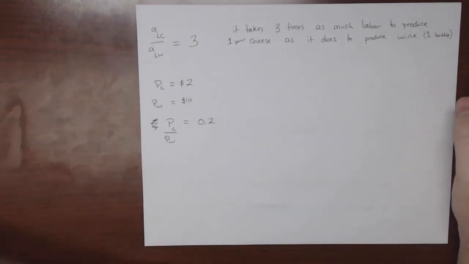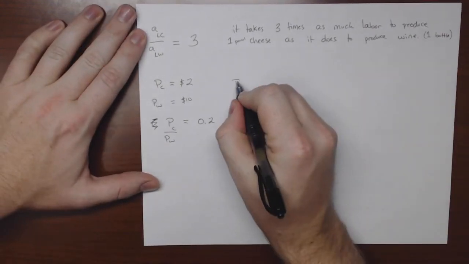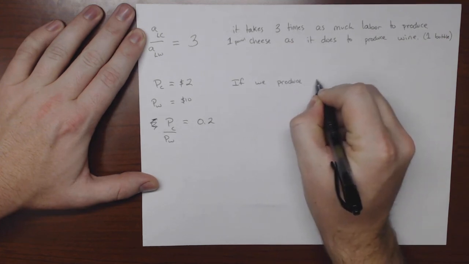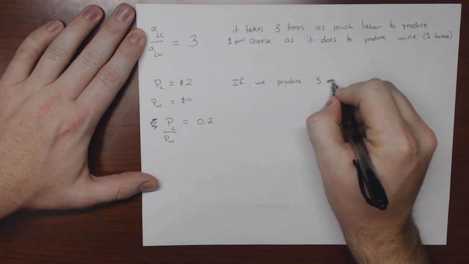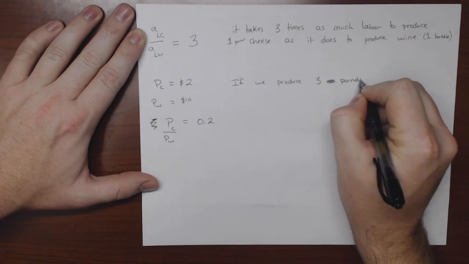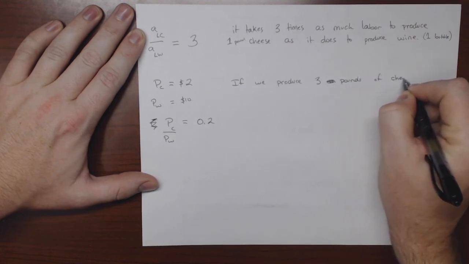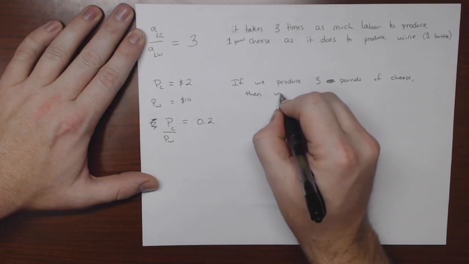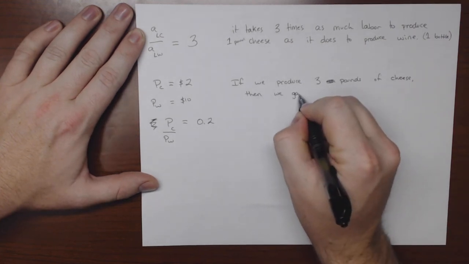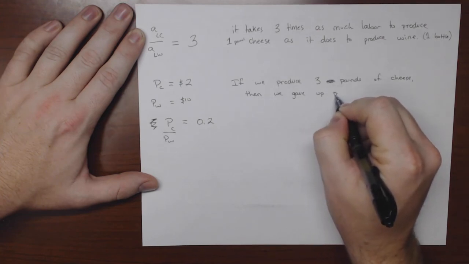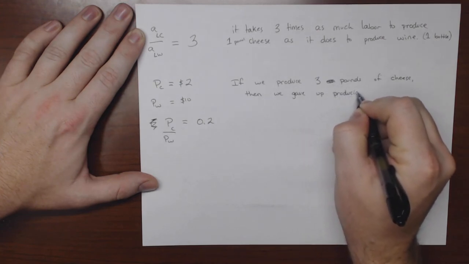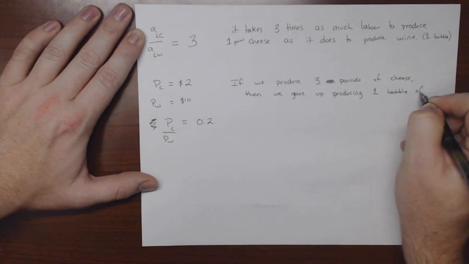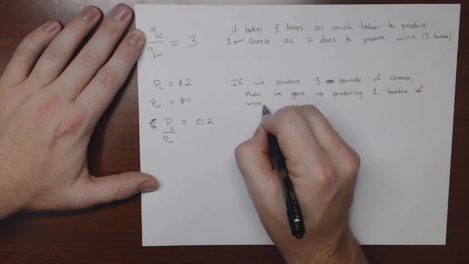Okay, let's think of it this way. If we produced 3, let's say, pounds of cheese, then we gave up producing 1 bottle of wine.